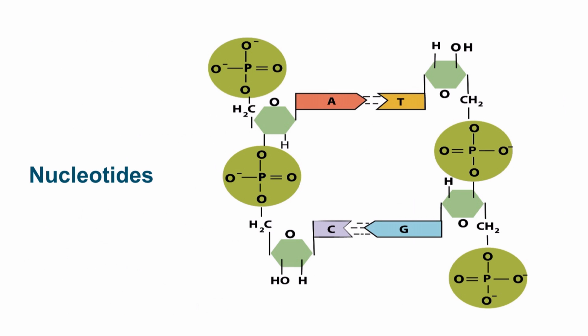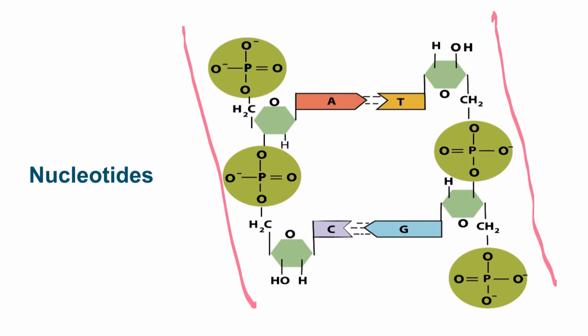So this picture shows you how nucleotides are joined together in a DNA molecule. So this is one strand of a DNA molecule, and this is another strand, because when you put 2 strands of DNA molecules together, you get the double helix, which we will talk more about later. So for one nucleotide, you have the nitrogenous base, and you have the sugar, and you have the phosphate group.